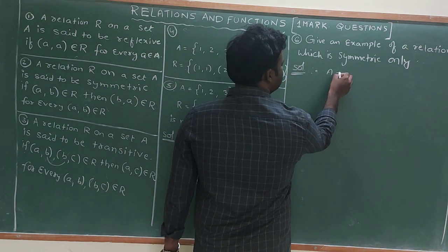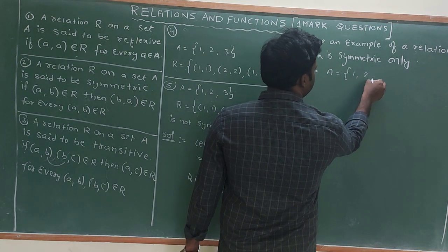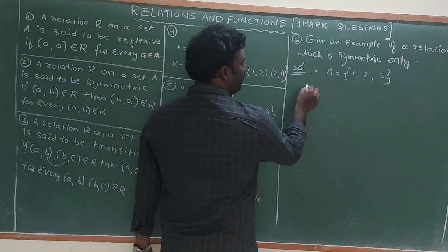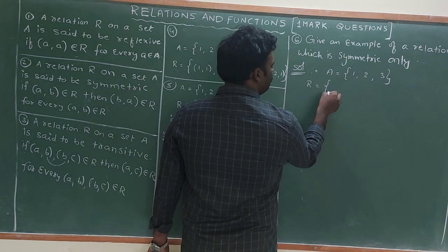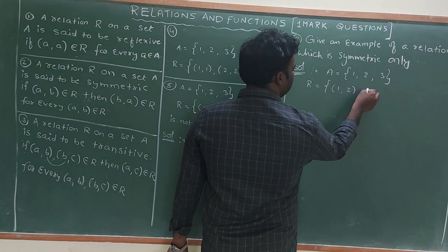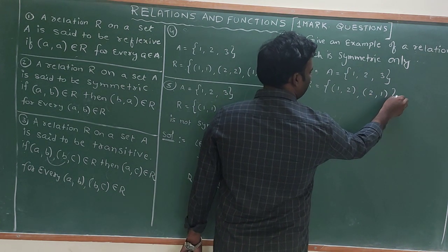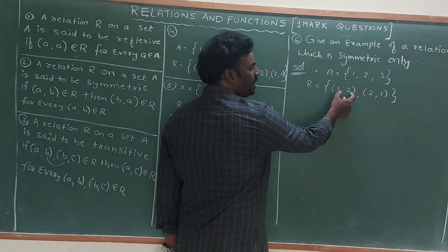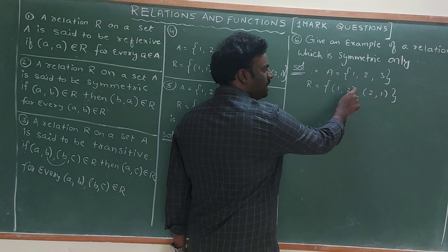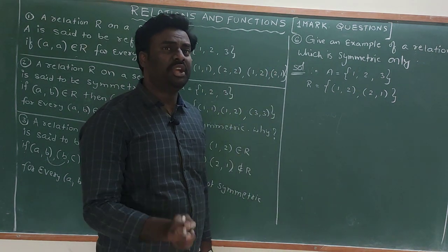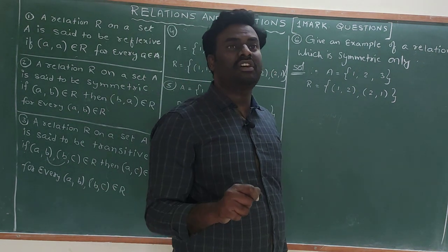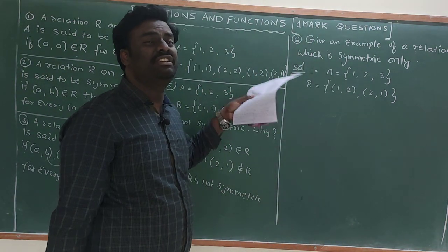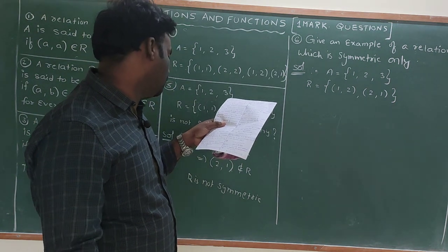For example, I am taking set A is 1, 2, 3. Set contains 3 elements. I am taking the relation R, that is 1 comma 2, 2 comma 1. It is symmetric or not? Yes, because if you take the pair 1 comma 2 in the relation, the reverse of this pair will be 2 comma 1. If you take 2 comma 1 in the relation, the reverse of 2 comma 1 is 1 comma 2.